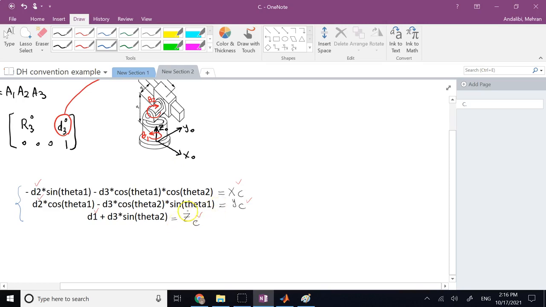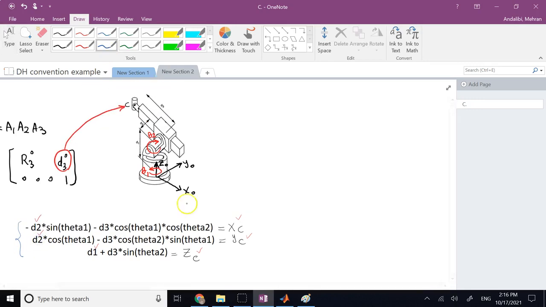Can I find these through geometry as well? Yes, I can. You might say, well, show me that you can. And sure, anytime you challenge me, I'm in. So let me show you how to get these equations also through geometry, and then I'll show you how to solve it. But for example, D1 plus D3 sine theta 2, that's Z of C.